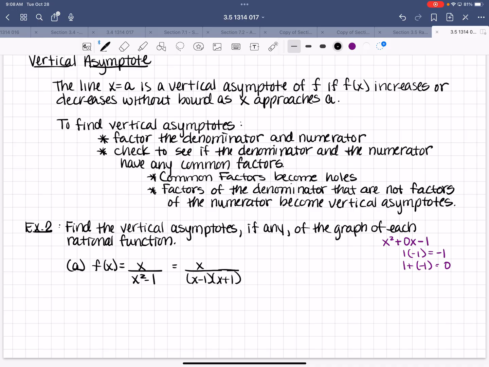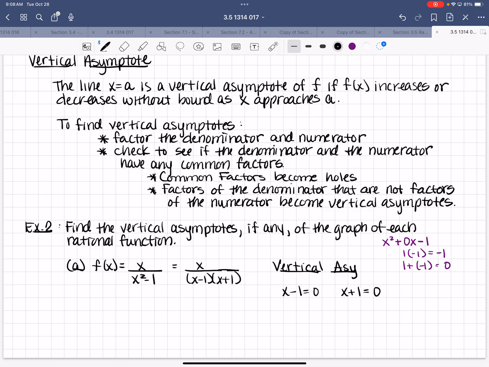Now is where we look for common factors. Is there an x minus 1 in the numerator on top? No. Is there an x plus 1 in the numerator on top? No. So that means both these factors are going to turn into vertical asymptotes. So I set x minus 1 equals 0 and x plus 1 equals 0.